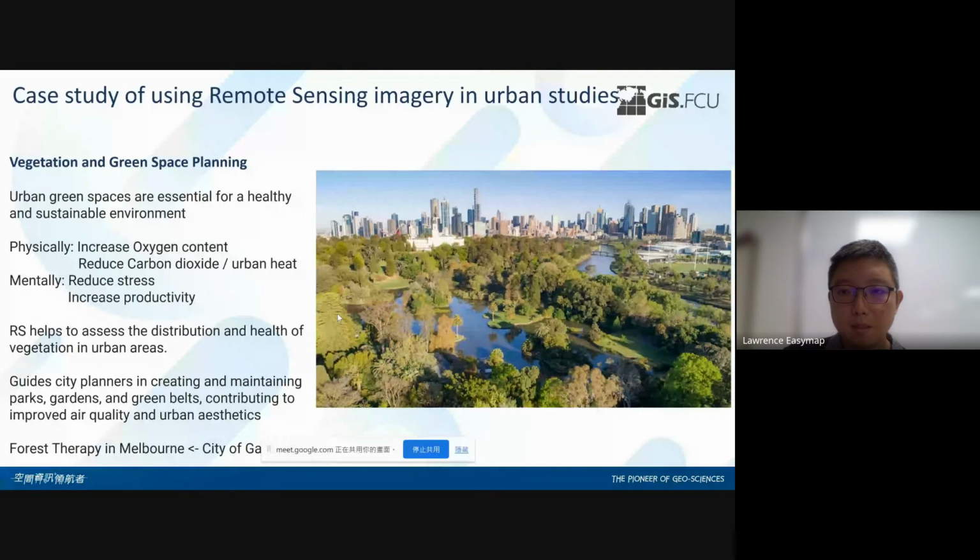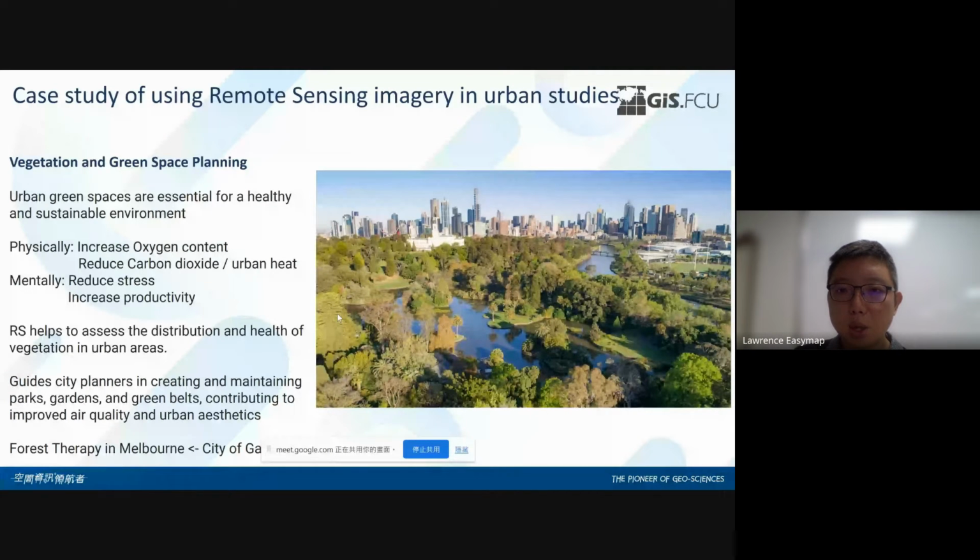In modern urban planning, people are focused on putting more green plants around the area. There are different reasons. For the physical reason, plants can absorb the carbon dioxide emitted from vehicles and factories, and of course they can generate oxygen and increase the oxygen content in the area, which is physically good for our health.